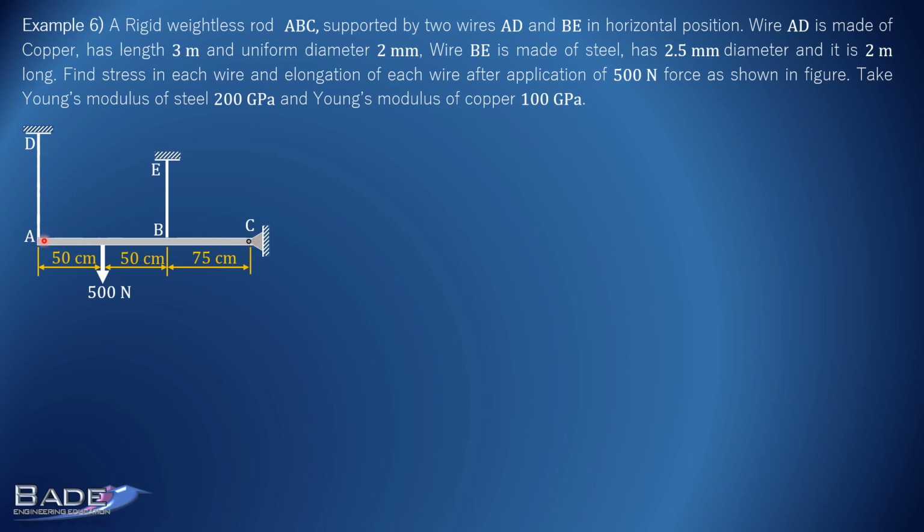There is no deformation. But since there is a hinge support here, because of this force, this rod rotates about C and these two wires get elongated. Because when you apply 500 Newton force here, there will be tension in the two wires, and if there is tension, these wires will elongate.